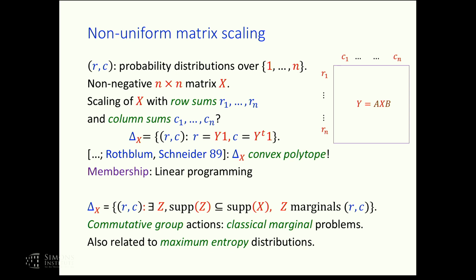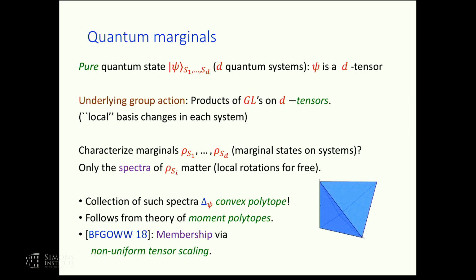And that's just a special example. This matrix scaling is in fact a special case of marginal problems. You have your distribution satisfying some conditions on its marginals. A matrix is a bivariate distribution. And there are quantum analogs. Here's another example, a quantum analog of this. It's a quantum marginal problem.